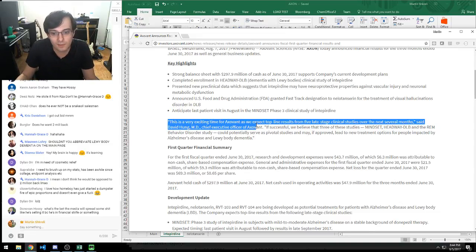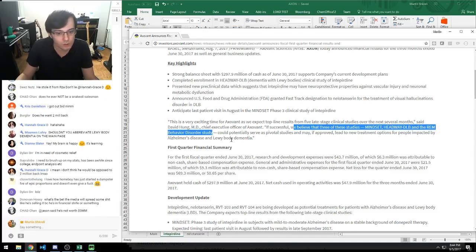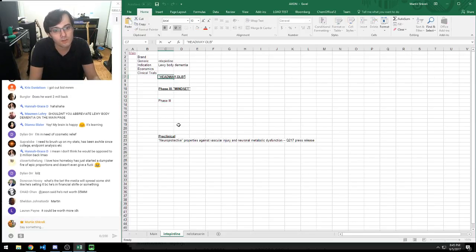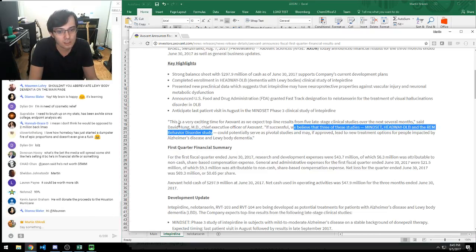This is a very exciting time for Axovant as we expect top-line results from 5 late-stage clinical studies over the next several months. If successful, we believe that 3 of these studies, Mindset, Headway, and the REM Behavior Disorder study. He did mention that Headway is a phase 3, so we'll write that in. You can see the method is just taking information from documents, putting it in, and then we'll synthesize it in a second.